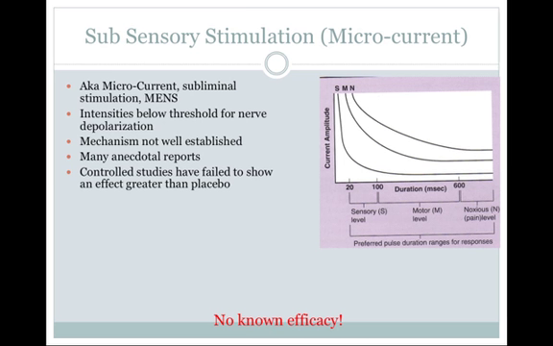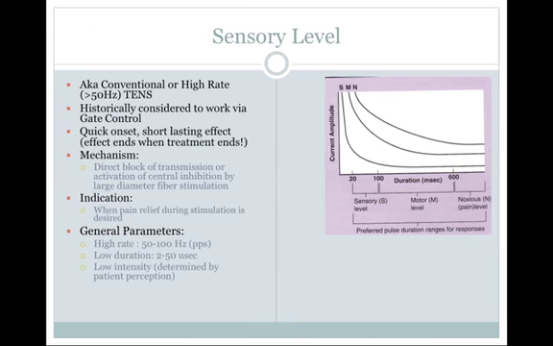The bottom line, in the red letters at the bottom of the slide, is no known efficacy. Study after study has failed to show any effect greater than placebo. You will run into people who use it consistently and claim that there's an effect, but no one has been able to show that in any kind of controlled study.